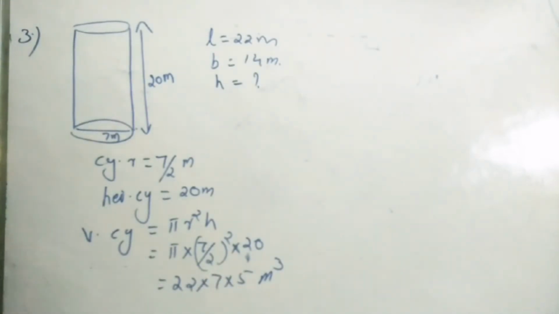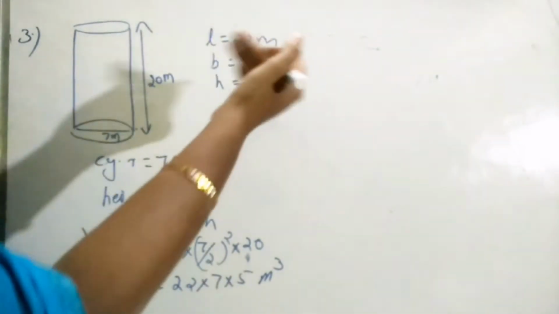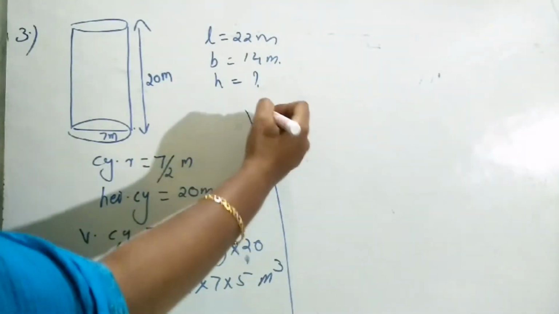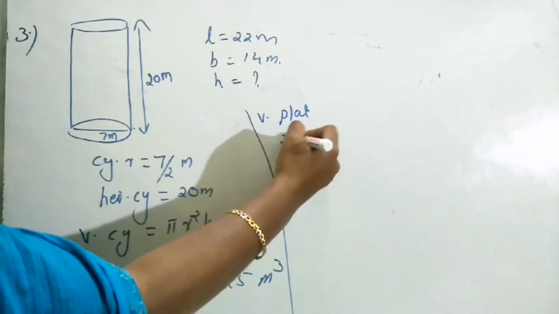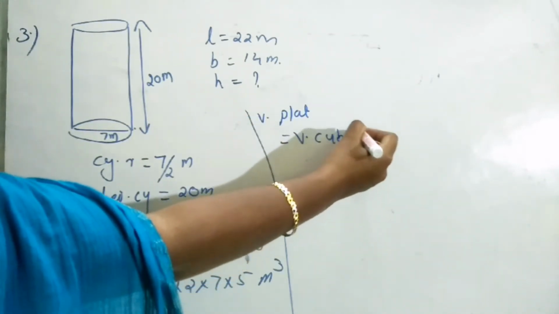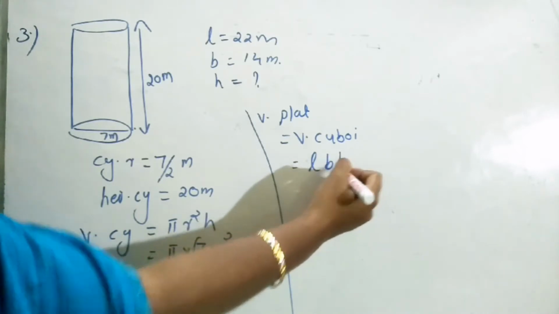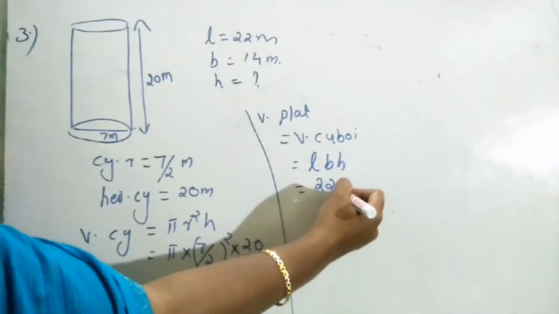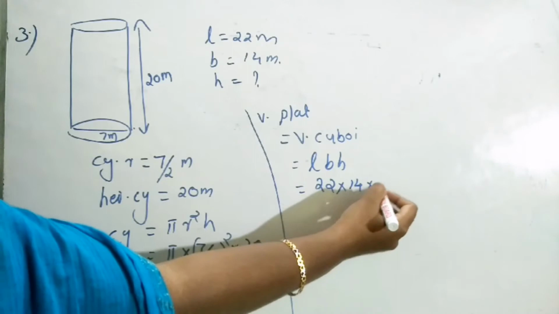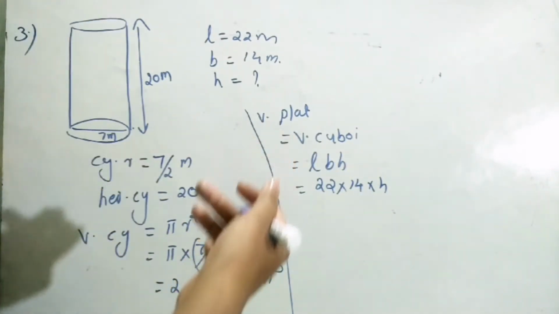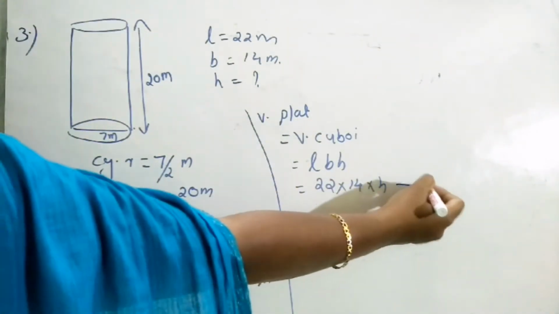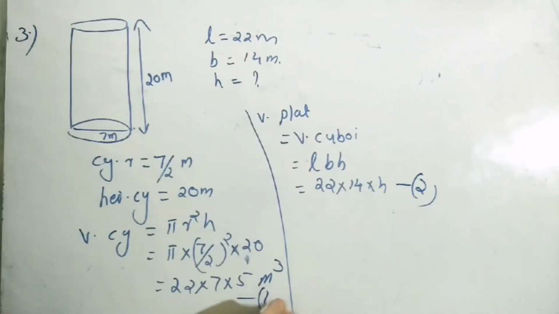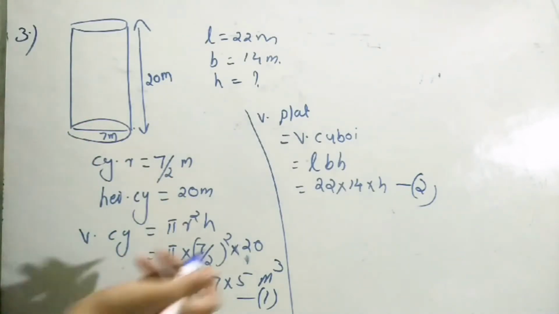Now platform, that is a cuboid, then volume of the platform is equal to volume of the cuboid, that is equal to lbh, that is equal to 22 into 14 into H. Put it as equation number 2 and this is our equation number 1. According to our question, equation 1 and equation 2 are equal.